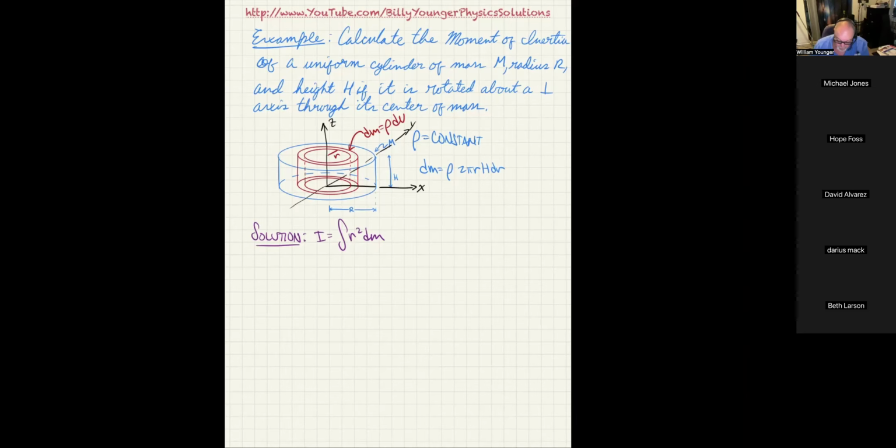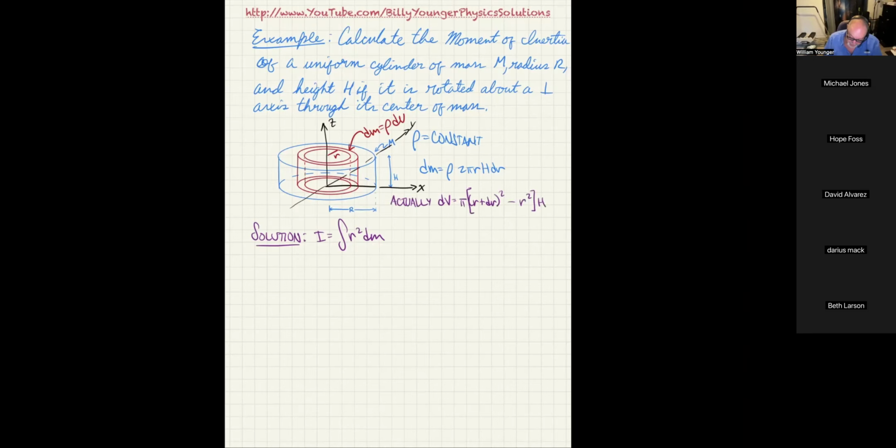Now, in principle, what it really should be is pi, let me write it this way, pi times the quantity r plus dr squared minus r squared, times h.